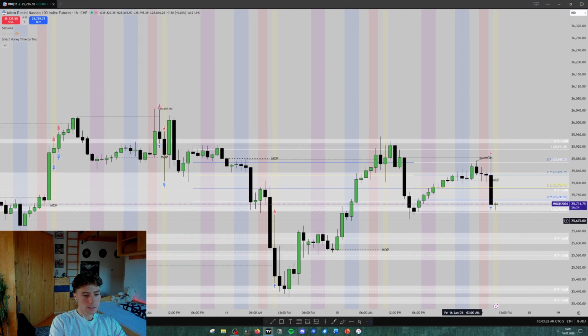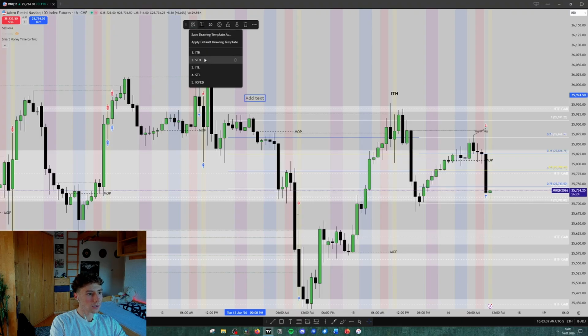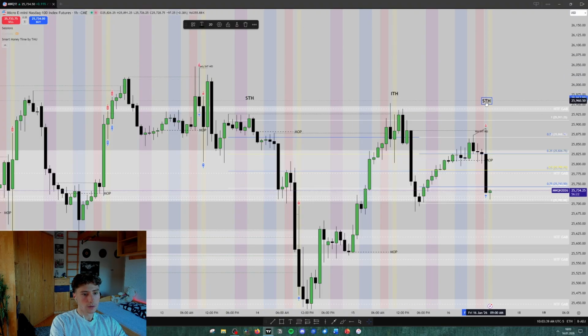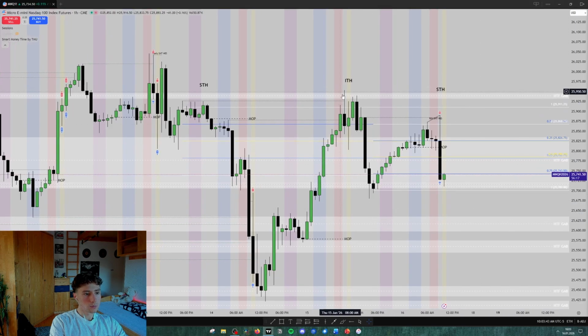And more importantly, what we also do have is an immediate term high right here. And also we do have a short-term high right here and a short-term high right here. So therefore, we don't expect that we will reach for the immediate term high. Why? Because we already swept really clean buy side liquidity.